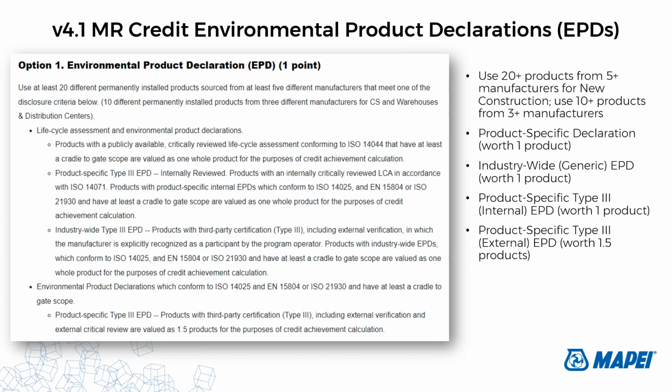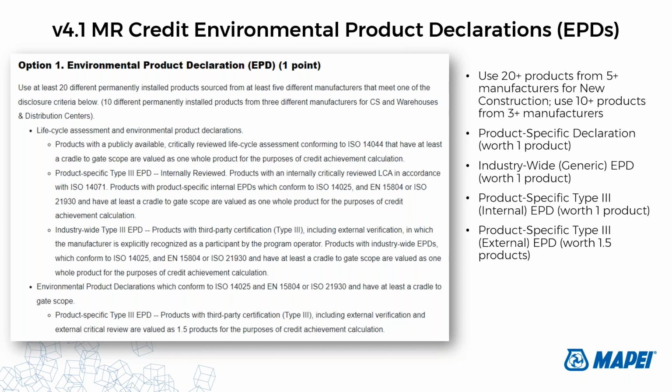There's product specific declaration, which is a product with a publicly available life cycle assessment. It has to conform to ISO 14044 and have a cradle to gate scope. There's industry-wide or generic EPDs, and these are products with third-party certification in which the manufacturer is recognized as a participant by the program operator.